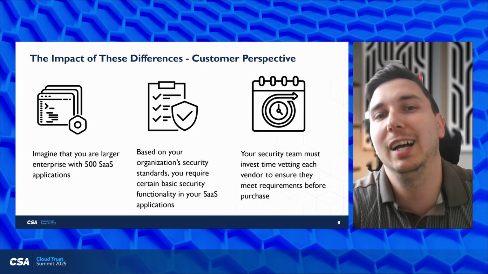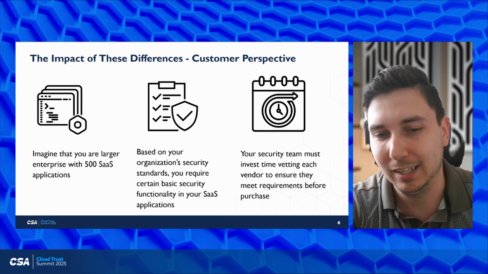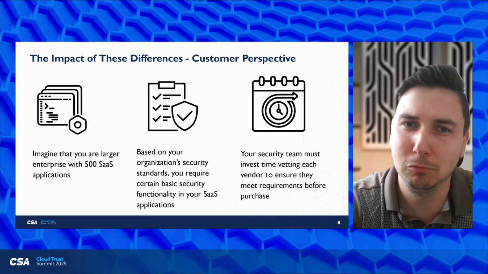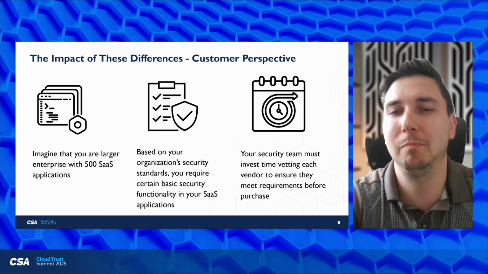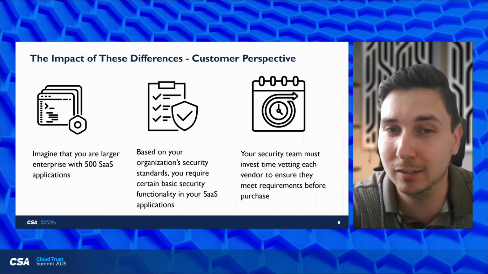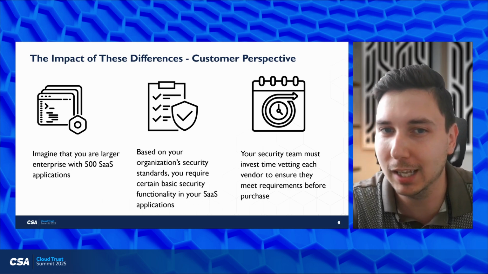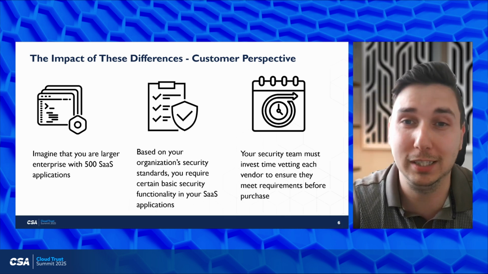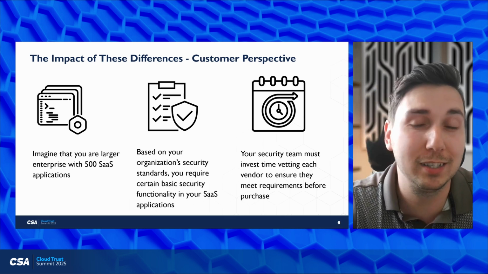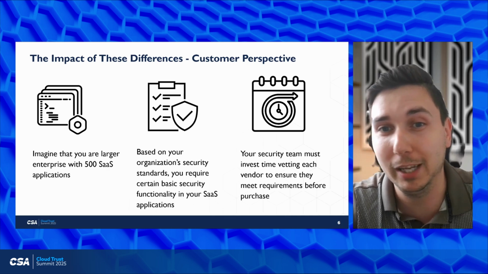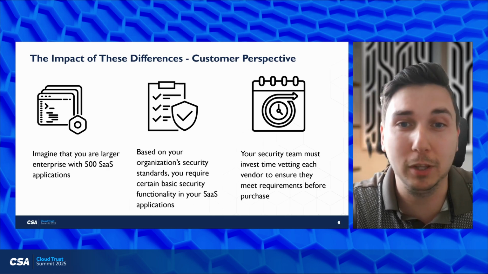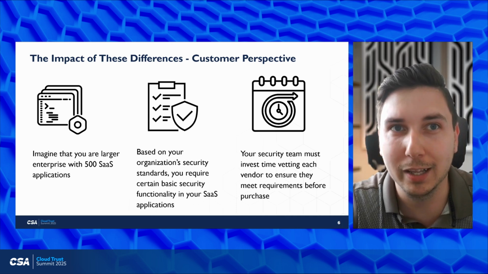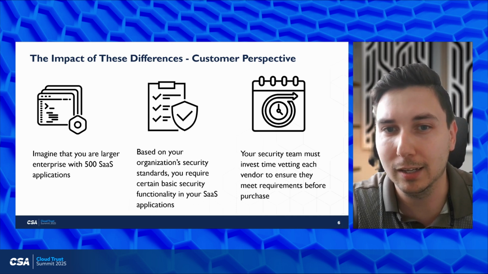The impact of these differences is also quite large and depends on who you are. So let's take the perspective of a larger enterprise with 500 SaaS applications. Based on your organizational security standards, you would require certain things for new SaaS applications to have. For example, if you are buying a new app, you will require that they have single sign-on via SAML.